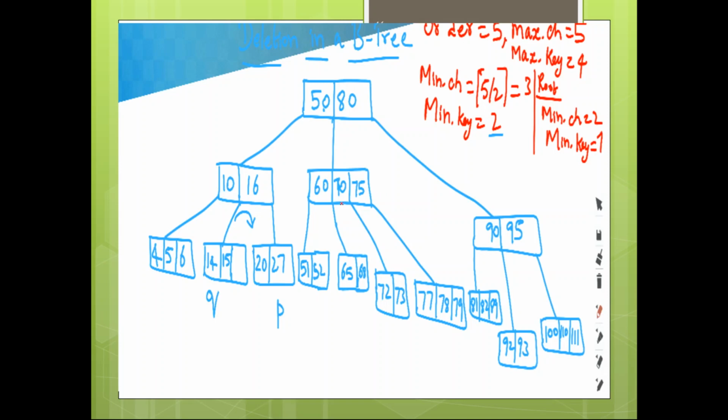It's greater than 60, greater than 70, and less than 75, so take this path. So here is 72.